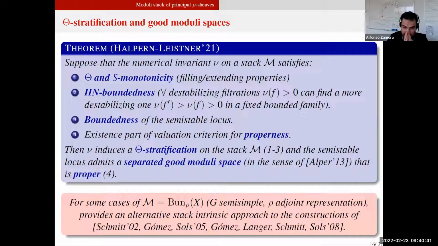This is important in stack theory because, as I said in one of the slides, we have this Keel-Mori result for Deligne-Mumford stacks, but for Artin stacks and quotient stacks, Keel-Mori does not apply to the full extent. So these new notions apply to Artin and quotient stacks, which are not necessarily Deligne-Mumford stacks.